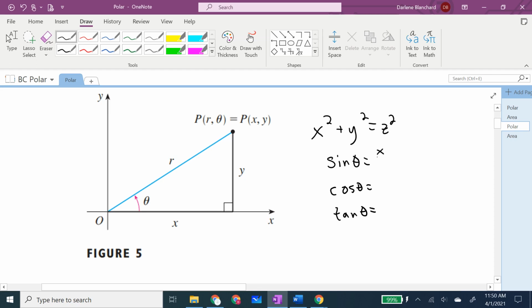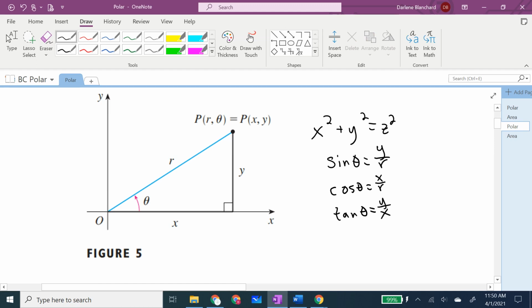So sine theta is y over r, cosine is x over r, tangent is y over x.